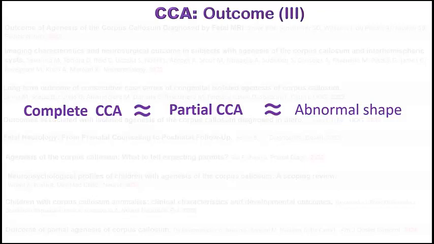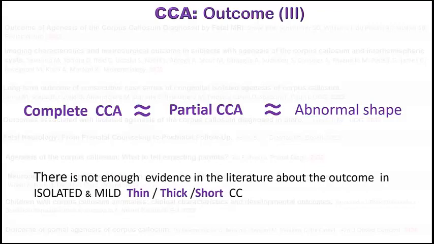But we must remember that there is not enough evidence about the outcome in cases of isolated and subtle or mild, thin, thick, or short corpus callosum, and because of this, the recommendation is not to measure it if everything else in the fetal CNS looks normal.